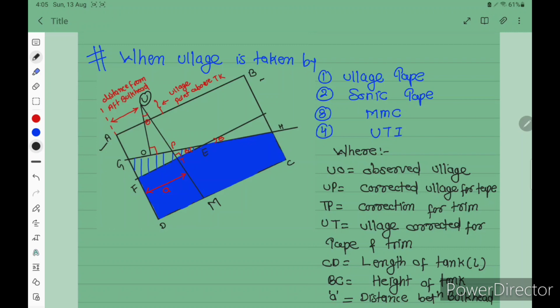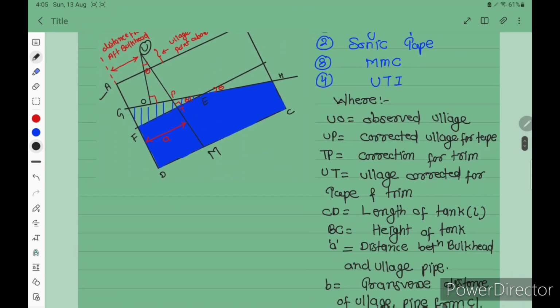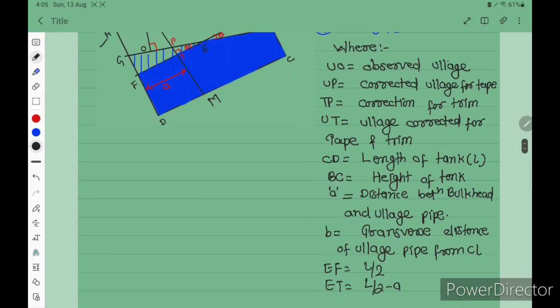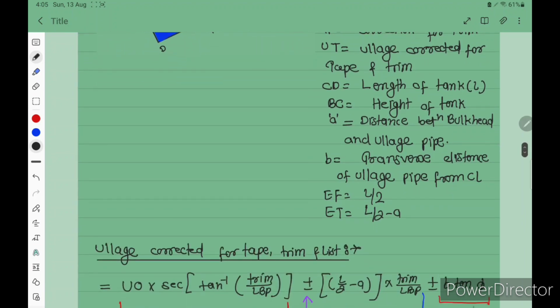CD is the length of the tank, BC is the breadth of the tank. A is the distance of the ullage pipe location where we measured, that is distance A. And the transfer distance of the ullage pipe from the center line, how far away from the center line, that is called B.